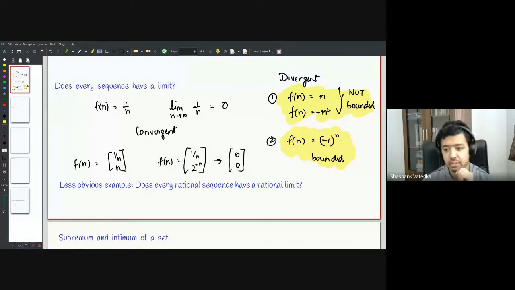Anyone else? Any guesses? Okay, so Sohit Kumar has an example. So E, can you tell me what the sequence is which gives you E?